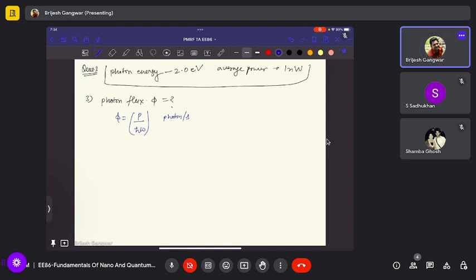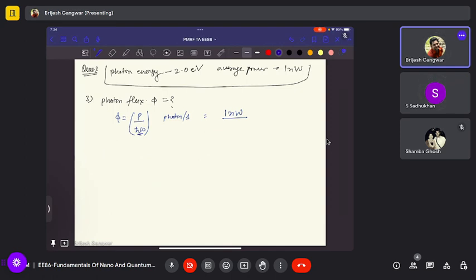The power is given here as 1 nanowatt, right? And h cross omega should also be in joules.